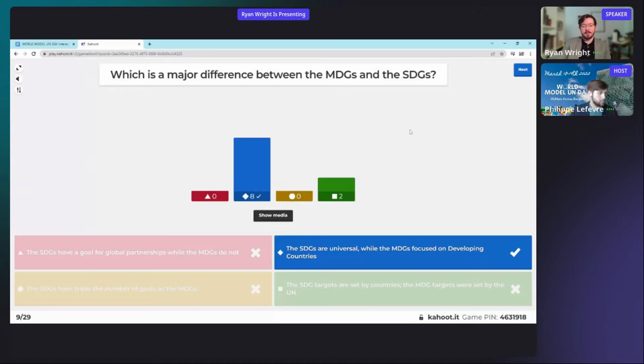And it is the SDGs are universal, while the MDGs focus on developing countries. That last one, it's about the wording. It's the targets, not the goals, because the individual targets for the goals are set by the national governments.